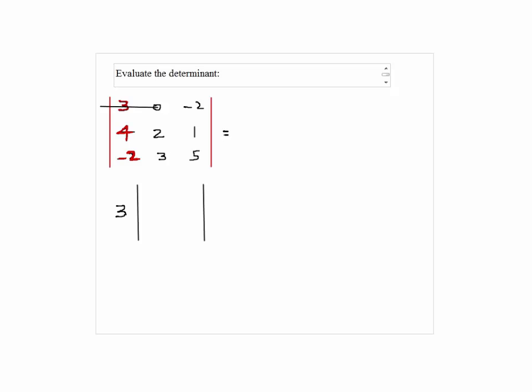If I draw a horizontal line here and a vertical line like that, then I would get this matrix here, which I record right there. That would be 2, 1, 3, 5.